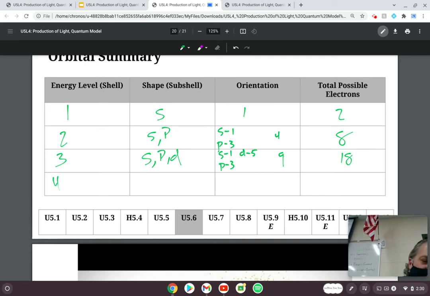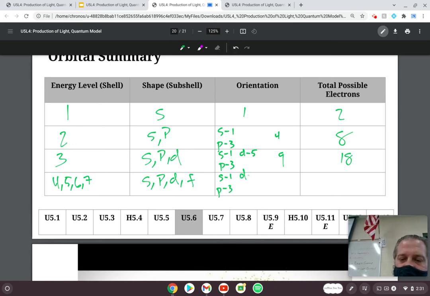And then lastly, the fourth, the fifth, the sixth, the seventh energy levels can have an S, a P, a D, and an F. The S again can hold 1, the P can hold 3, the D can hold 5, and the F can hold 7, for a grand total of 16. And that can hold a potential for 32 total electrons.